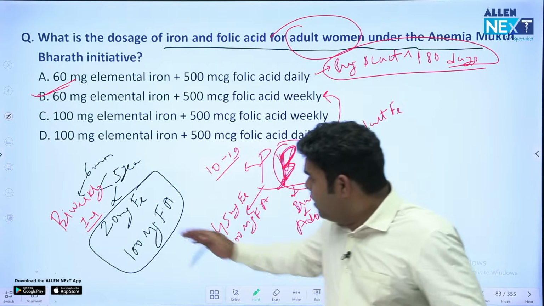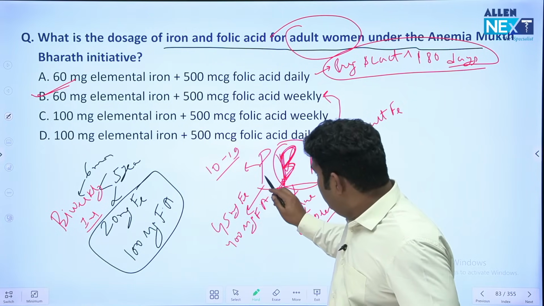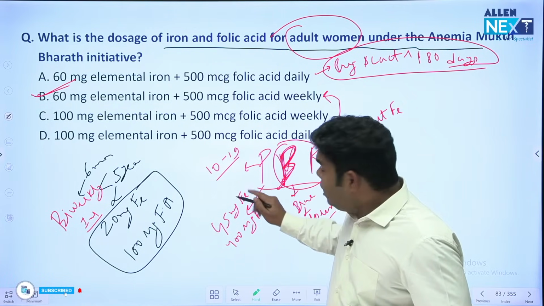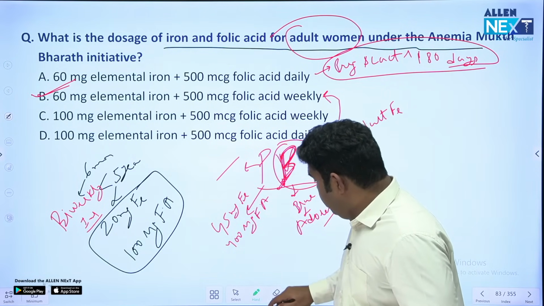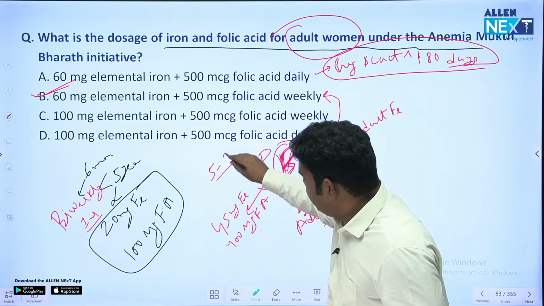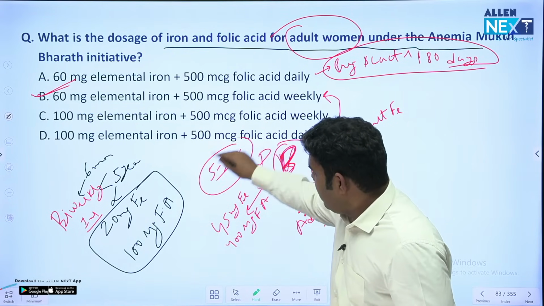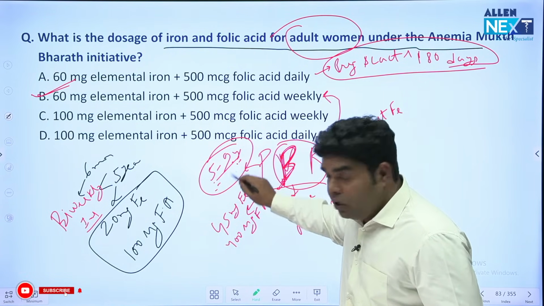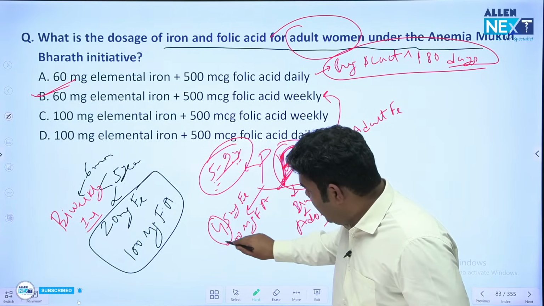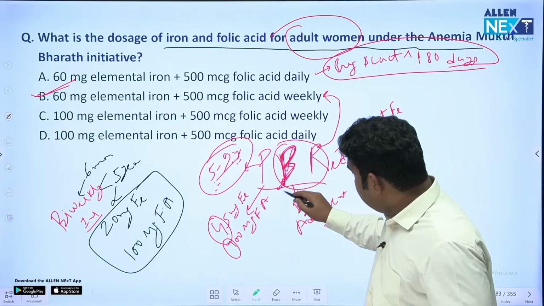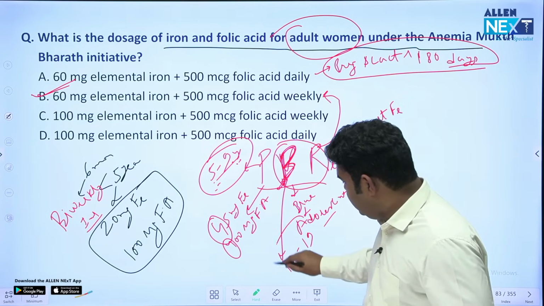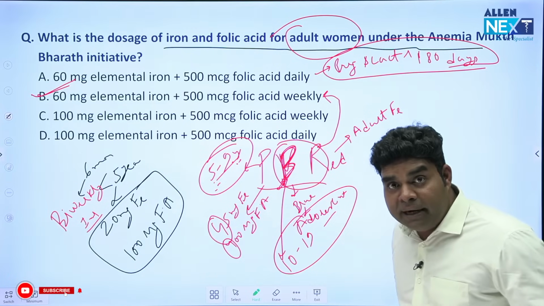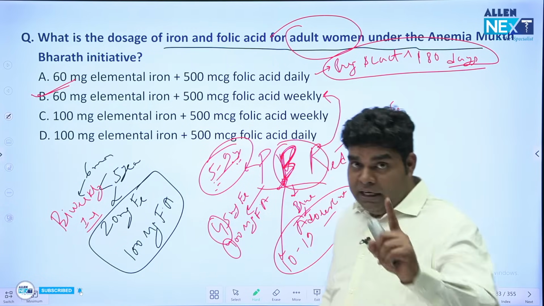बहुत सिंपल है याद करना, 20 और 100. और ये देखो पिंक वाले जो हैं, पिंक is the group which is 5 to 9 years. 5 to 9 4 साल का है, और यही 4 यहां भी है, 45 and 400. फिर 10 से लेके 19 साल, 10 to 19 is the age group for adolescents, and here we give blue tablet once a week.